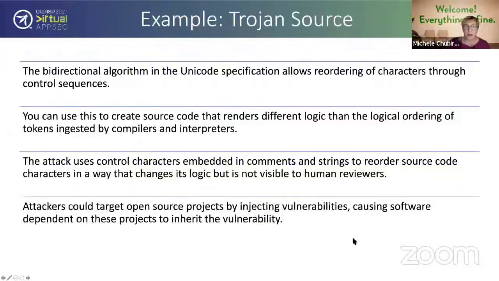So again, example of some Trojan source, the bidirectional algorithm in the Unicode specification, which allows reordering of characters through control sequences. And you can use this to create source code that renders different logic than the logical ordering of tokens ingested by compilers and interpreters. This is a frightening attack, right?